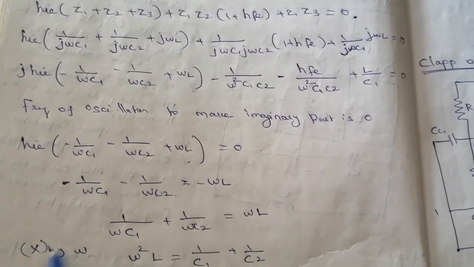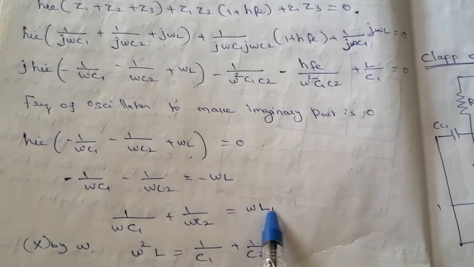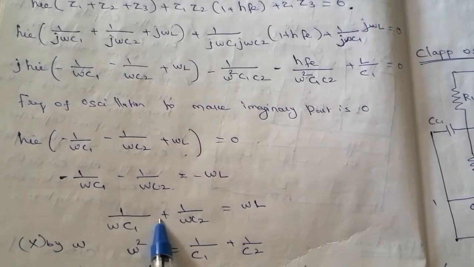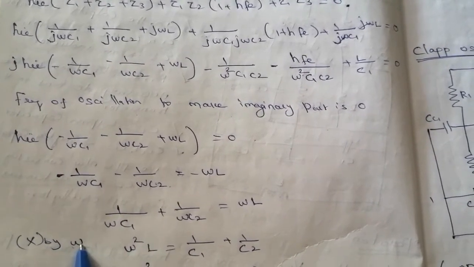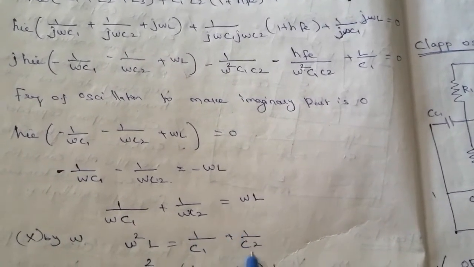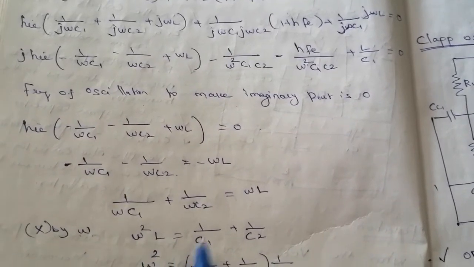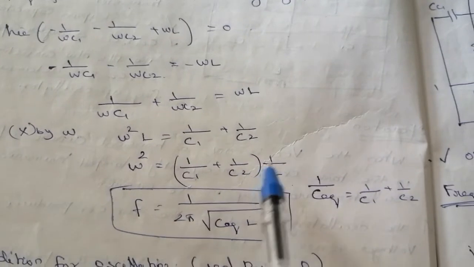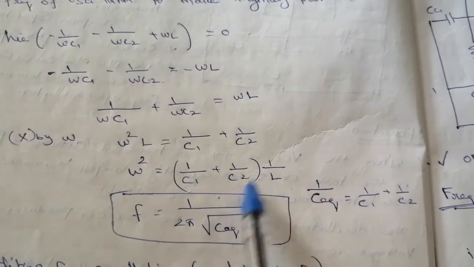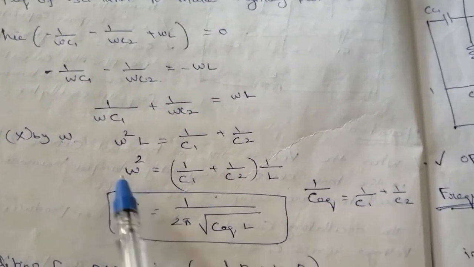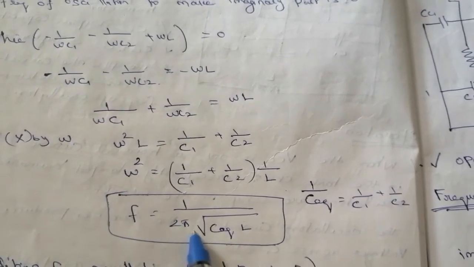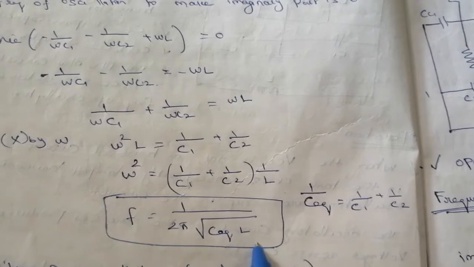Now multiply by omega: omega squared L equals 1 by C1 plus 1 by C2. So omega squared equals (1 by C1 plus 1 by C2) into 1 by L. 1 by C1 plus 1 by C2 is nothing but 1 by C equivalent. Since omega equals 2 pi F, F equals 1 by 2 pi square root of C equivalent into L. This is the frequency of the Colpitts oscillator.